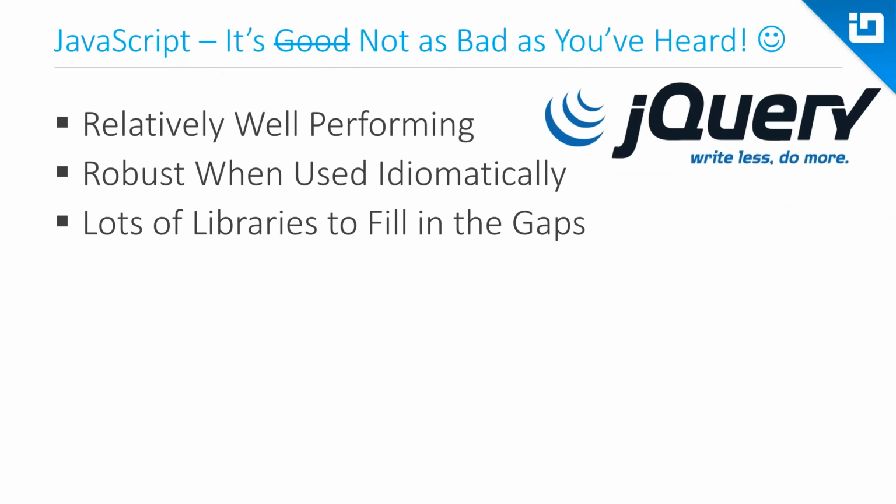So then you've also got lots of libraries. jQuery has been around for a long time, almost a decade now. Its original purpose was to abstract away all of these inconsistencies in the browsers when it comes to accessing the DOM and manipulating stuff. So it's still a very popular library. A lot of the browsers have taken the things that jQuery did and made them native in the browser themselves.